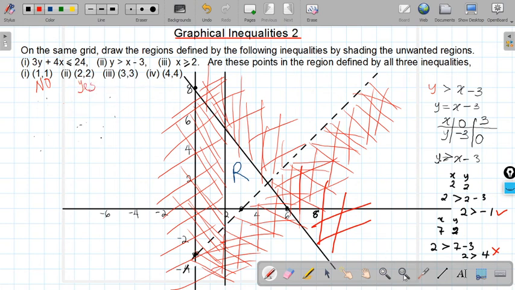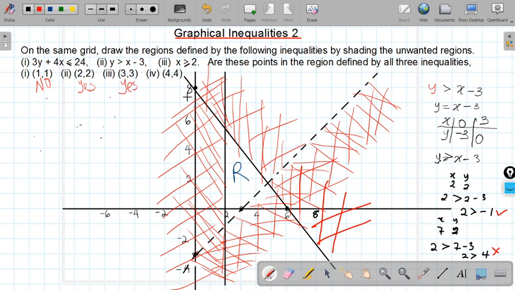Then the third one is (3, 3). x is 3, y is 3. Because the point is here, it's directly inside the region, so this one also is yes.